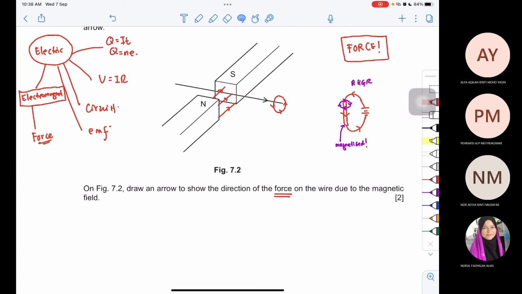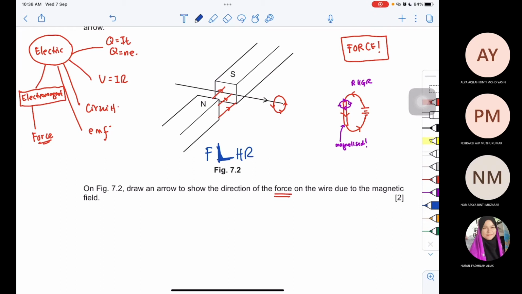So you can use Fleming's left hand rule. Take out your hands, everyone. So current, your middle finger pointing to the direction of current. And then your index finger, you know the index finger? The index finger is the number 2 finger, pointing to the south, and then your thumb is now pointing up or down?